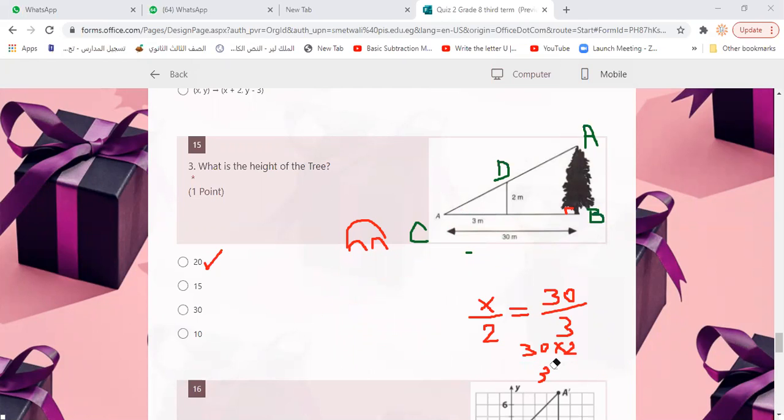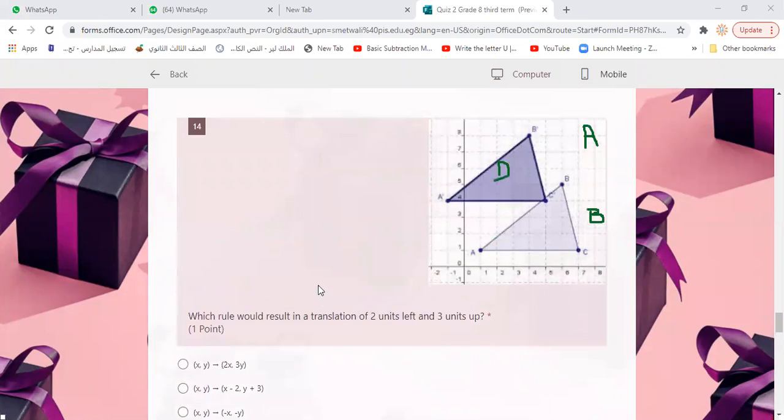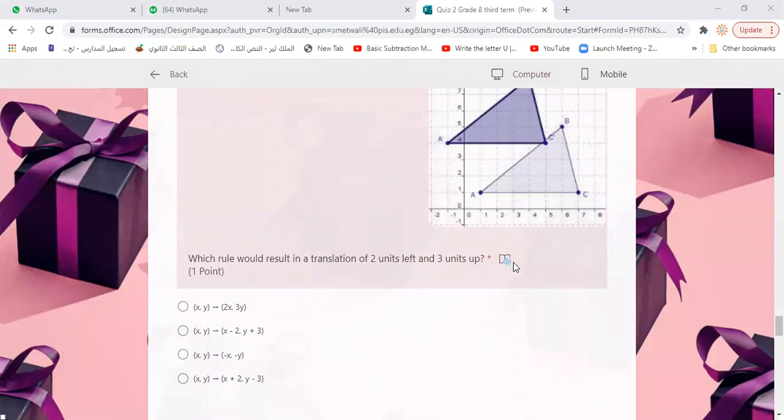Next question. In this question, we want to find which rule would result when translated 2 units left and 3 units up.